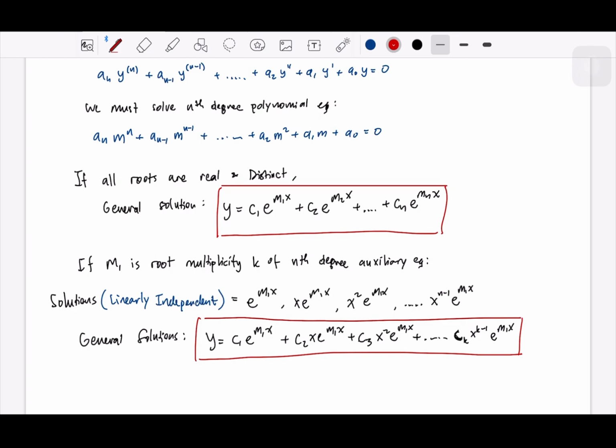And for this case, of course, we don't really think much on the complex, because from the general solution, usually we are going to have a real solution.